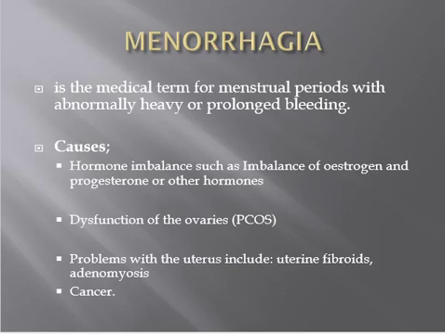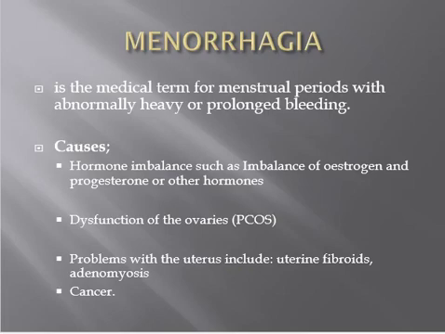Then problems with the uterus, which include uterine fibroid or adenomyosis, and presence of reproductive system cancer as well, can lead to the heavy flow and the prolonged bleeding. And when you are taking medications as well, it can also cause the prolonged flow and heavy flow.